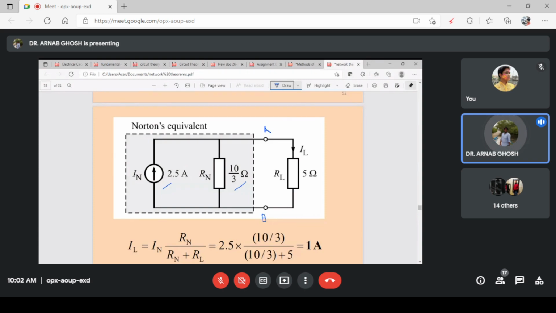Okay, now when you are drawing the Thevenin's equivalent circuit, you will first place the open circuit voltage source. Now this is a constant voltage source.